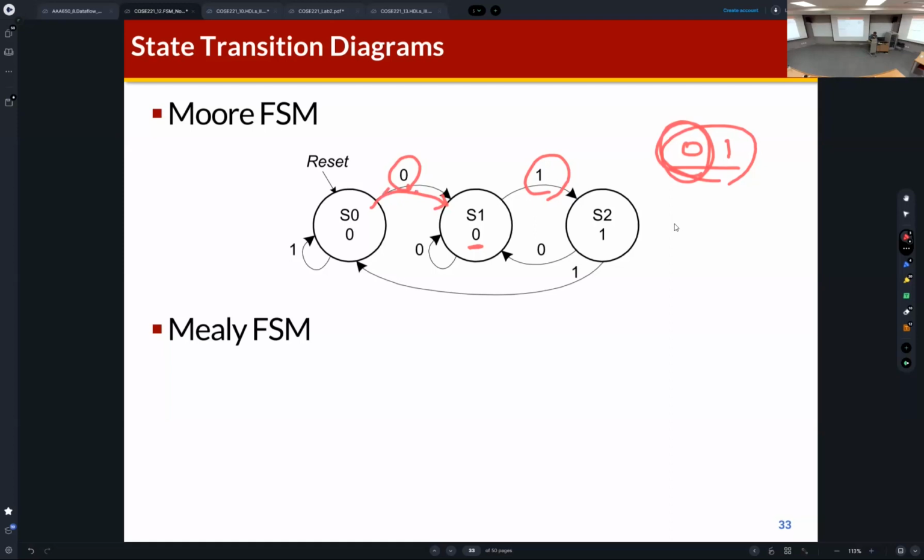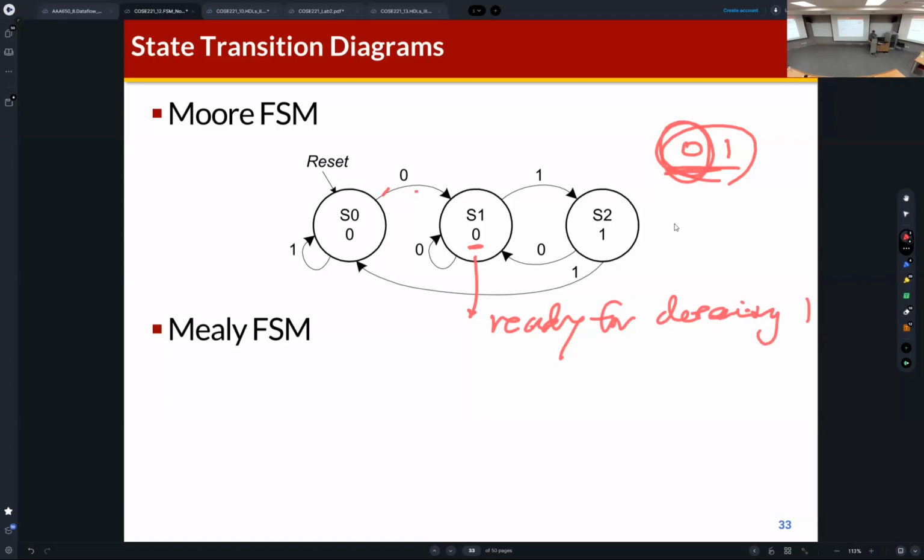So in the Moore machine, S1 represents ready for detecting 1, because the previous event is 0.